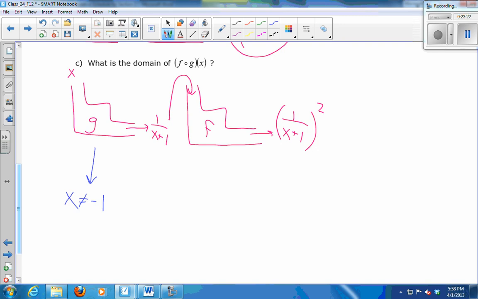How about in my F machine? Is there anything I want to avoid putting in the machine that squares stuff? Why not? This is the machine that squares stuff, right? Is there any number that you're not allowed to square? Nope, you can square anything.